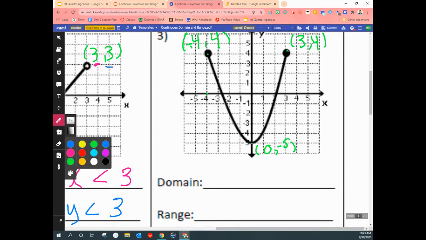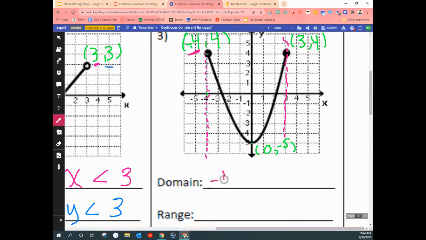So now let's figure out what our domain is. Well, I need my absolute leftmost, smallest x value. As far as my graph goes over is this part right here. My graph doesn't go any further left or right than this. So that's this x value here, -4.